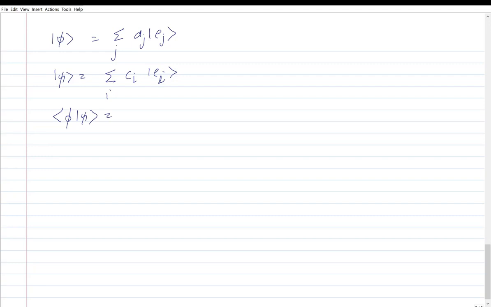What it essentially means is, well, the inner product you evaluate, it's going to come out to be this, or in other words, this is going to come out to be this. So essentially, how do I show that?